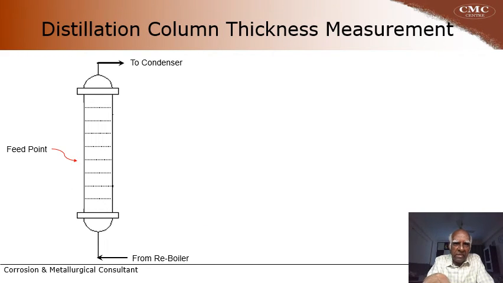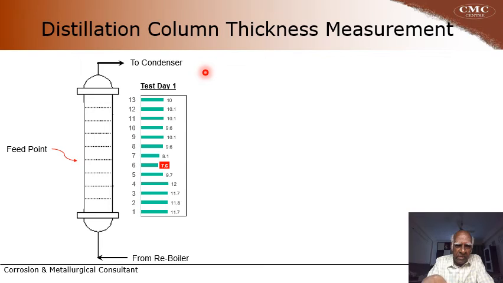This is another example of determining corrosion rate by measuring thickness using the ultrasonic technique. This is the feed point for a distillation column. This is the condenser to condense the top vapors, and this is coming from the reboiler to adjust the temperature. Ultrasonic thickness measurements have been done in this vessel for a number of days. This is day one.